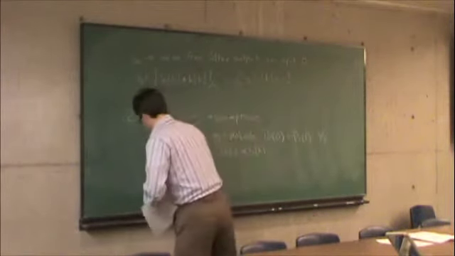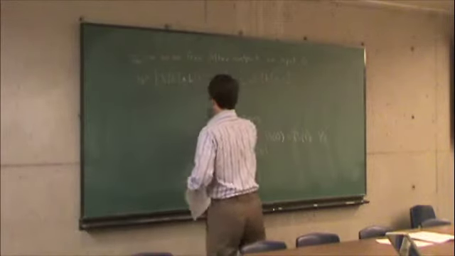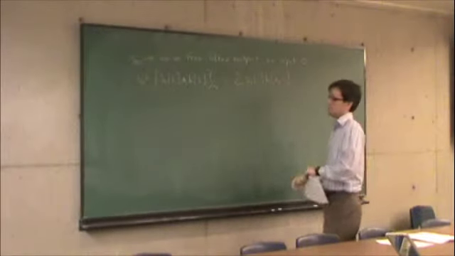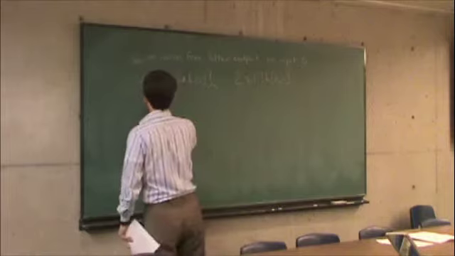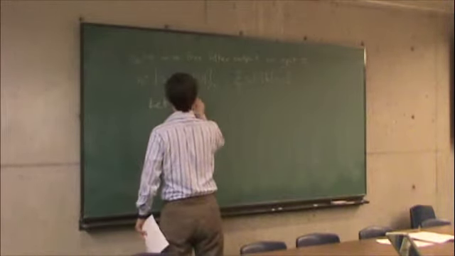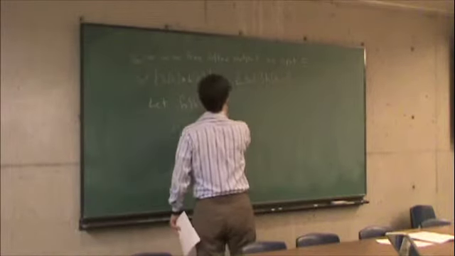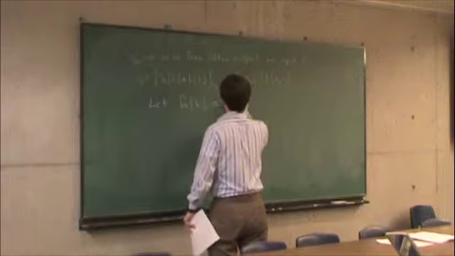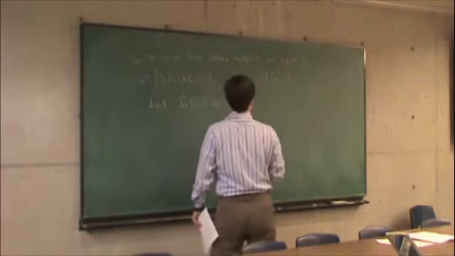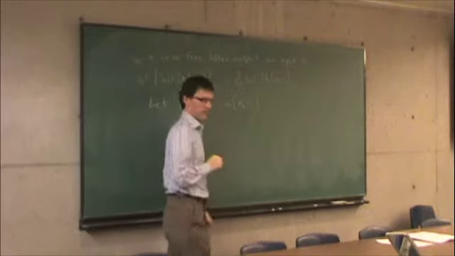To simplify my notation at this point, I'm going to let h hat of i be equal to h of nB minus i. It's a change of variables.